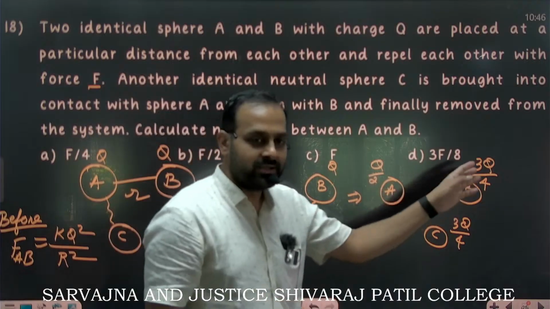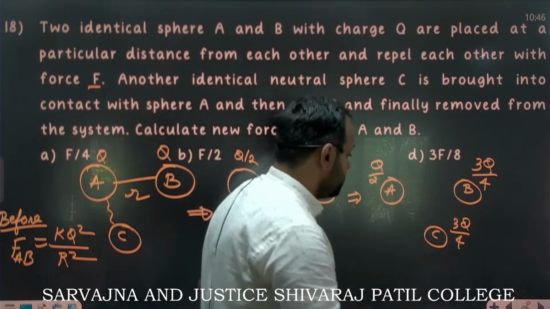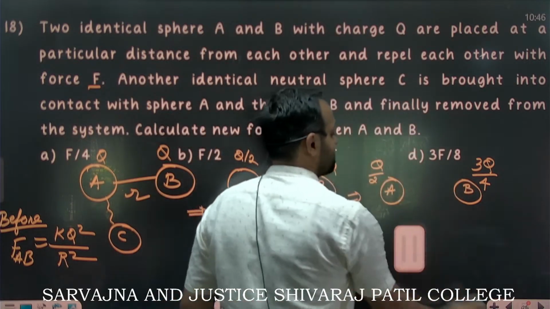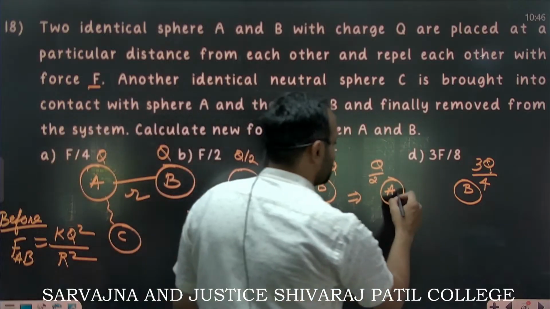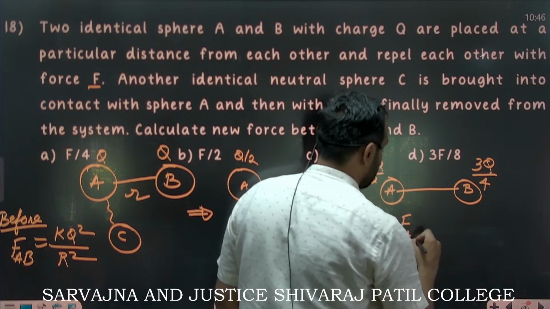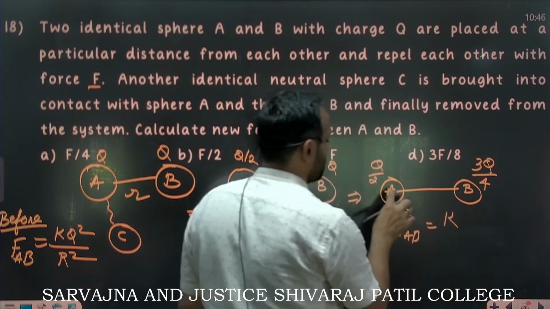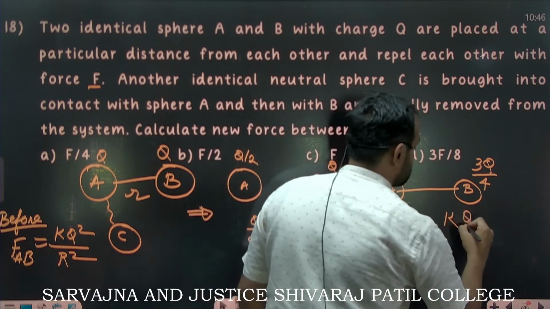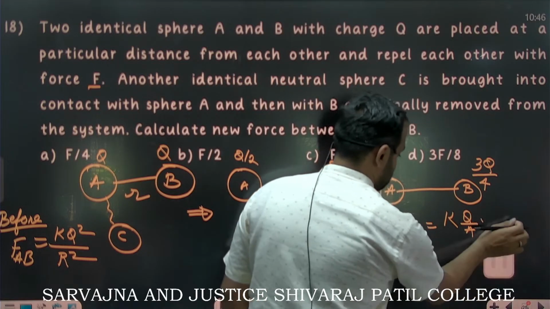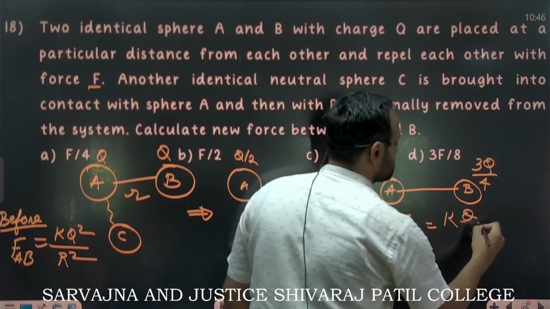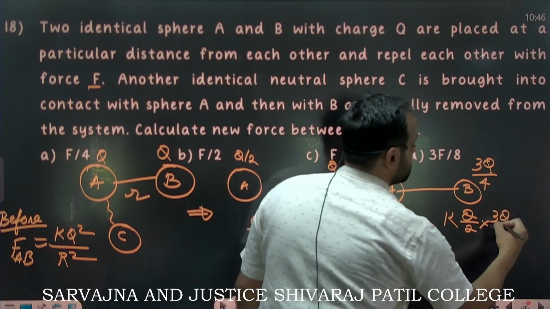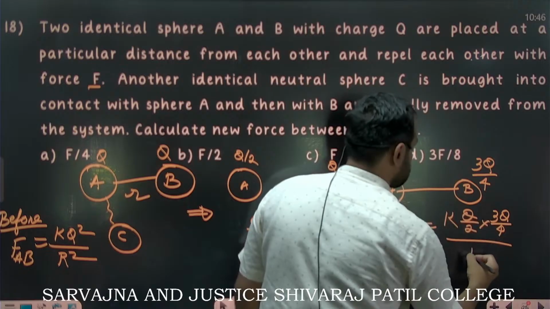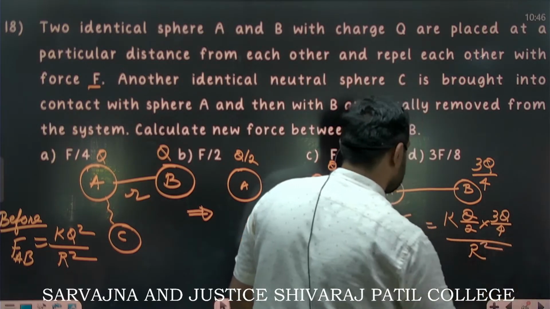After C has played with both, it is removed. Once they have removed it, what is the force between A and B now? K into the charge on A, which is Q by 2, multiplied by the charge on B, which is 3Q by 4, divided by the distance, as it is, R square.